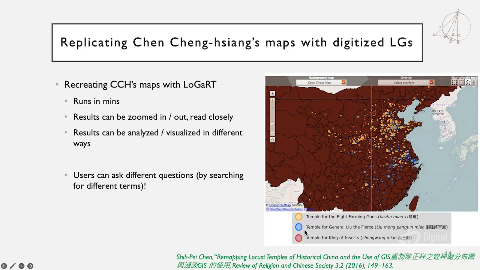And the other temples, for General Liu, the fierce general, appear mostly in the south, in the Yangtze River region, for example. And because it is a data set, it is computable, so we now have the ability to analyze it in different ways that we want. And users can ask different questions by searching for a different term.